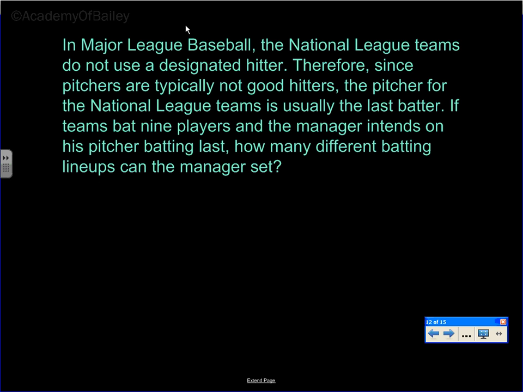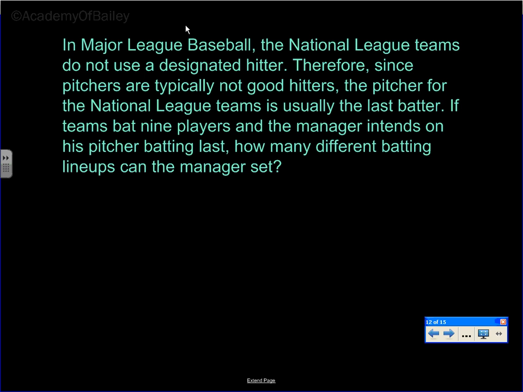Okay, if the manager's batting 9, the pitcher is the last one. So, how many different guys does the manager have to arrange in a batting order? Well, there's only going to be 8 guys left, because if he has 9 slots, the pitcher's in the last one. There's only 8 slots open to put in his position players.